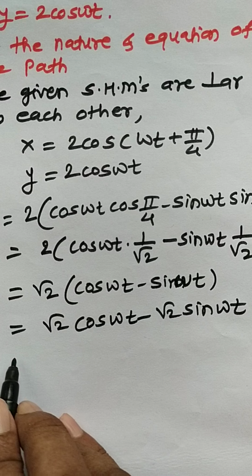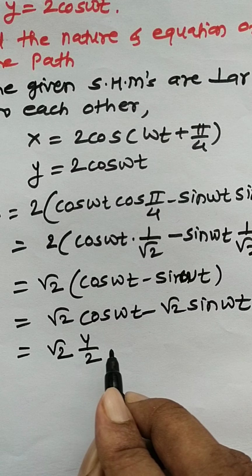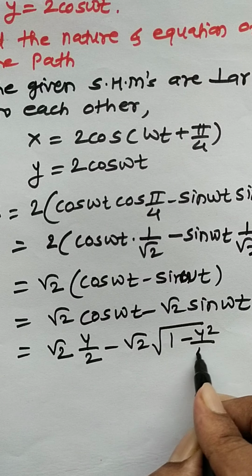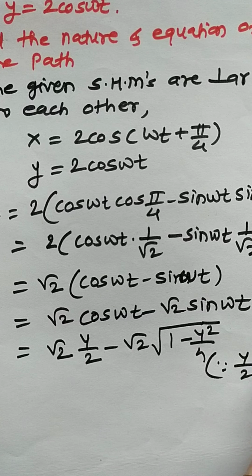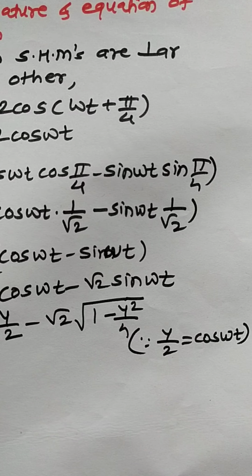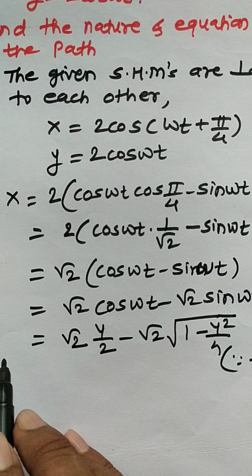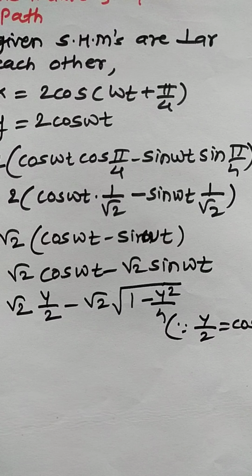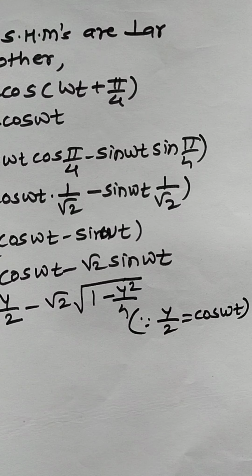Okay, and so therefore here x is equal to root 2 y by 2 minus root 2 square root of 1 minus y square upon 4, since here y by 2 is equal to cos of omega t.